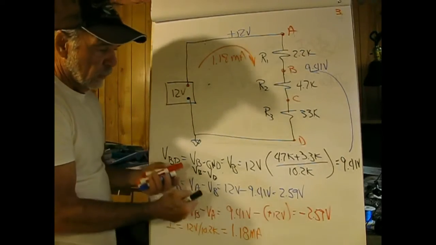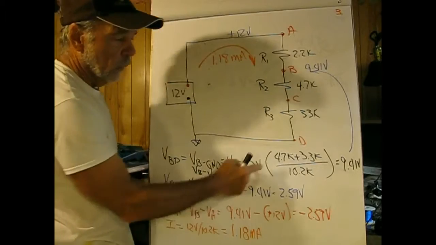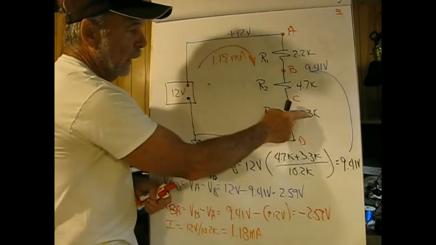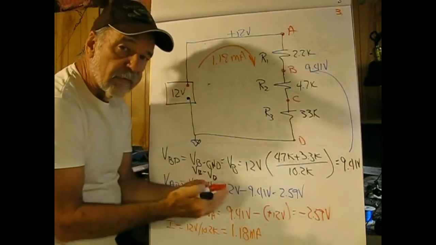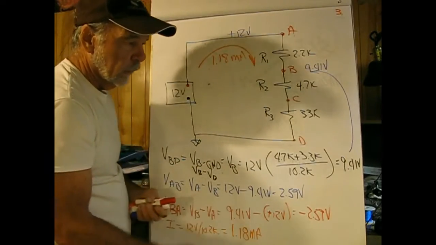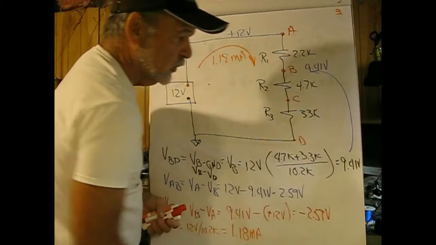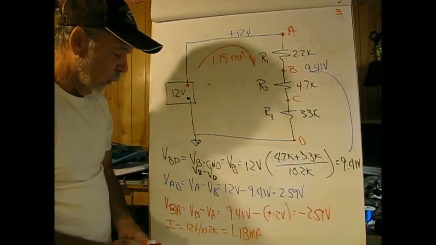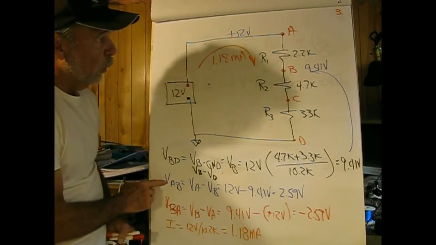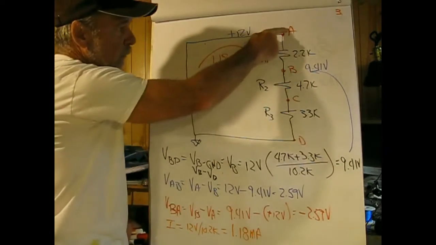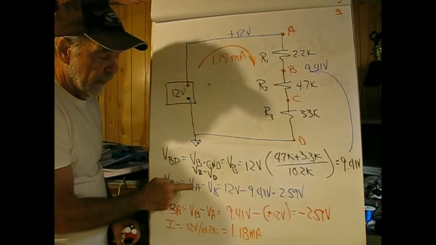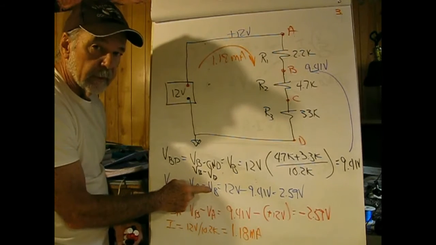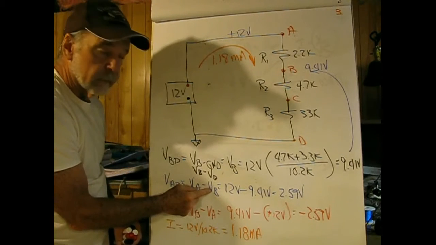To do this, I'm going to use voltage divider again, only this time in the numerator I'm going to include these two resistors. This works if the resistors are adjacent to one another, and I find that voltage comes out to be 9.41 volts. So if I want to find VAB, that's the voltage across the 2.2K resistor, I would take VA and subtract from it VB, and remember these are relative to ground.